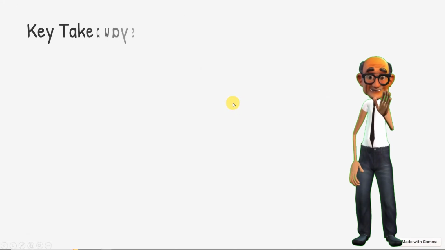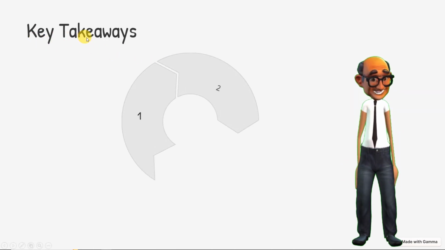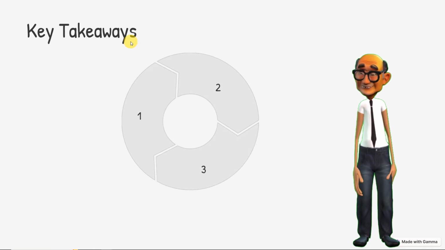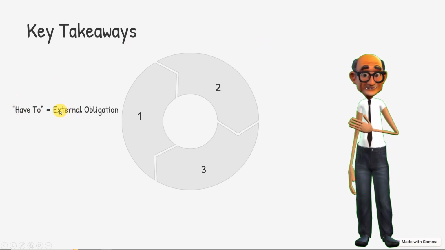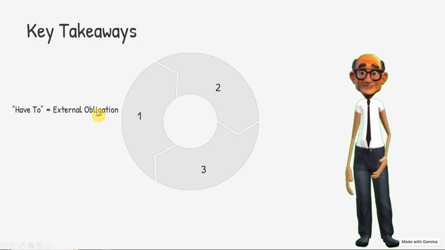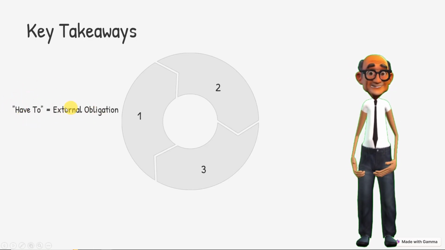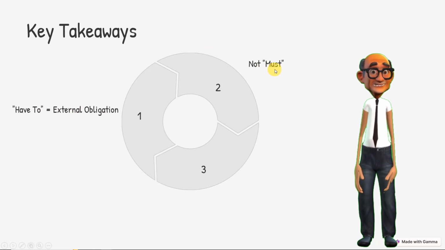Okay, we have reached the end of the lesson. So let's go and have a look at the key takeaways of this lesson. Why was it worth your while doing it? Righto, as you can see, there's going to be 3 little points over here. Have to equals an external obligation. That's one thing you must understand quite clearly, that have to is always something external, right? Not must, right?